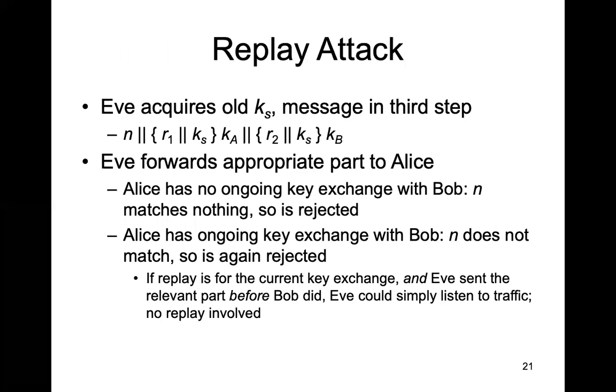Okay, so let's look at how this defends against replay attacks. So even if Eve acquires an old KS session key in this third step, and she, let's say, replays this particular portion of the message, pretending to be Kathy to Bob, or forwards the appropriate part to Alice, which part, this part over here, Alice will realize that she has no ongoing key exchange with Bob because this value N over here that she's going to keep in her short-term memory will not match anything, right?